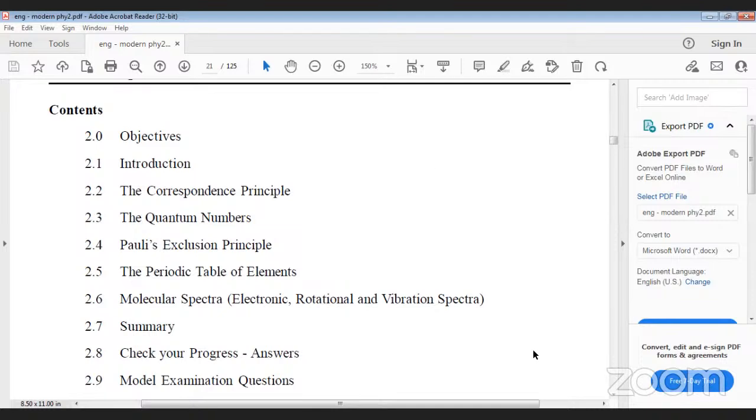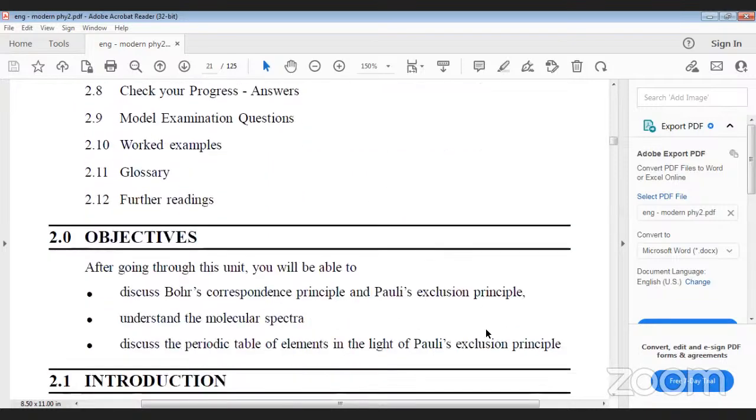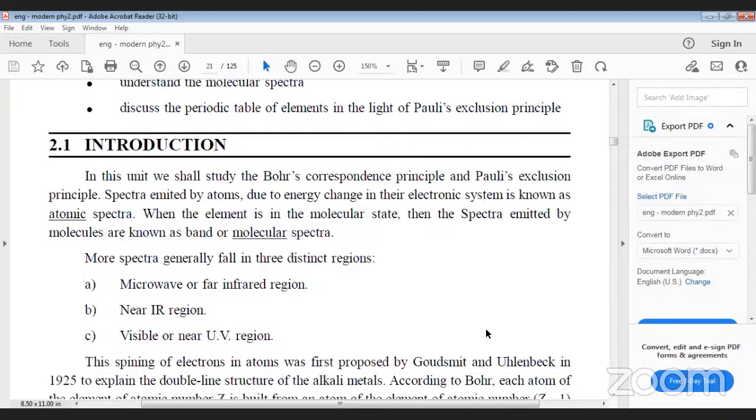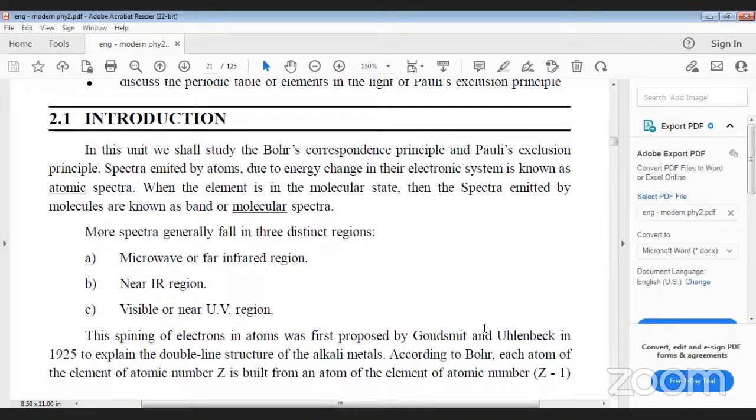This includes electronic spectra, rotational spectra, and vibrational spectra. Quickly go through Bohr's correspondence principle and Pauli's exclusion principle.